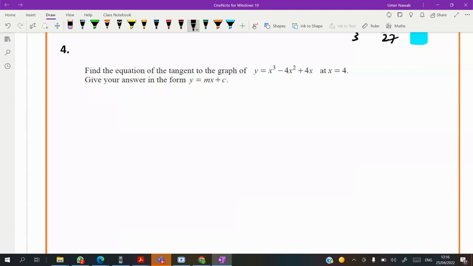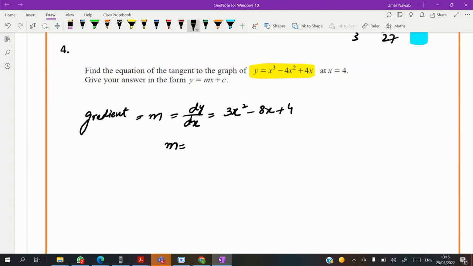Okay, so let's go on. He said find the equation of a tangent. So the very first thing I do in the exam is find dy by dx. So dy by dx is 3x squared minus 8x plus 4, and this is my m, my gradient. I want a numerical value of m. So in the place of x, I substitute 4.